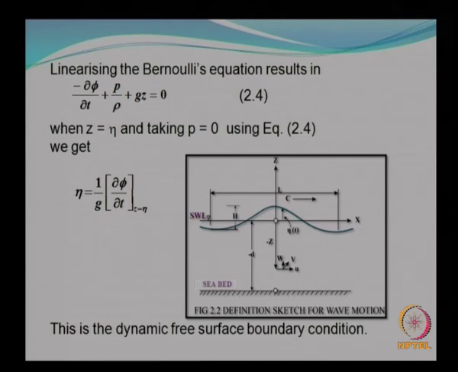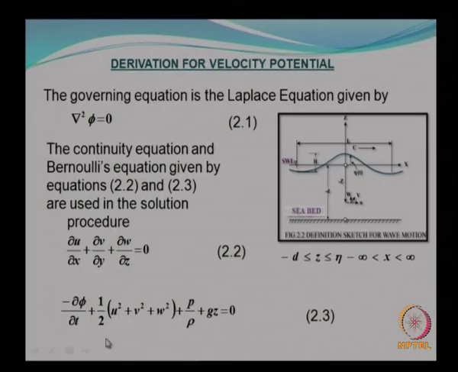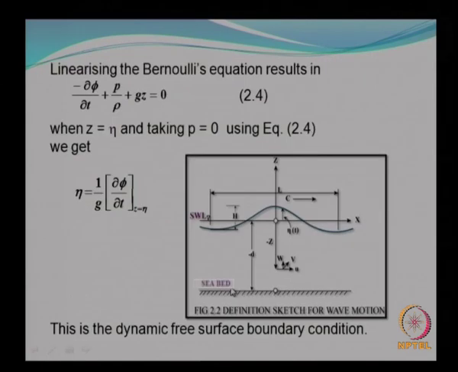So herein we are dealing with the linear waves. So we neglect the higher order terms, and as you have seen here, we neglect these higher order terms, and hence the Bernoulli equation reduces to as shown here in equation 2.4.